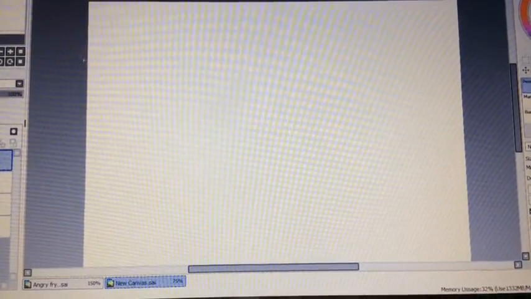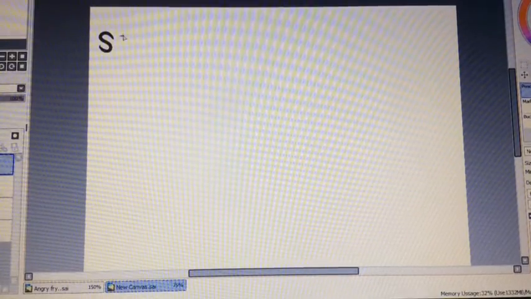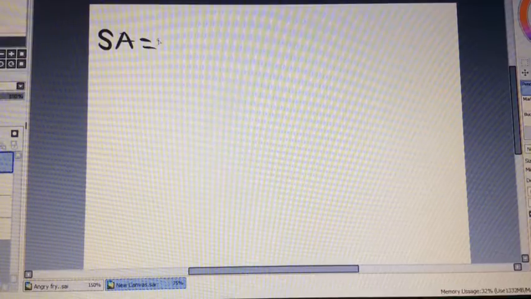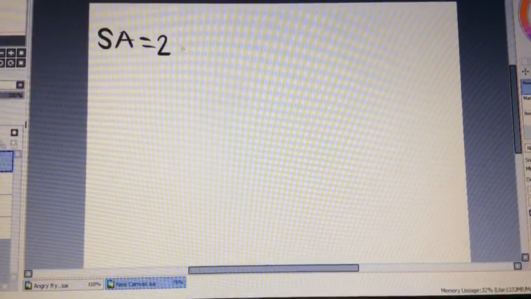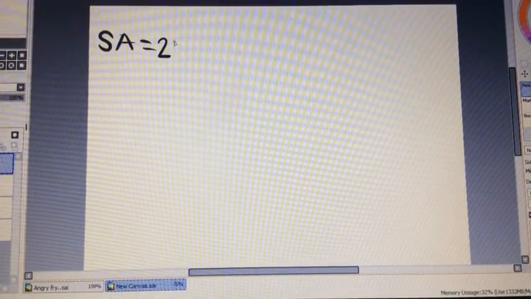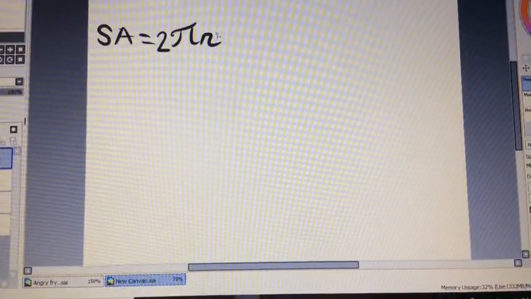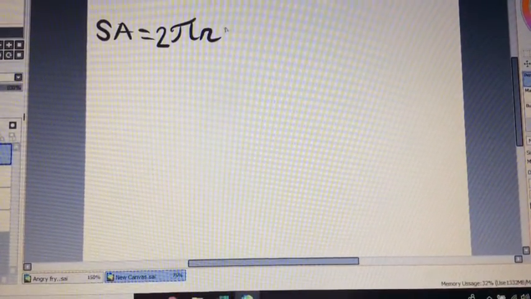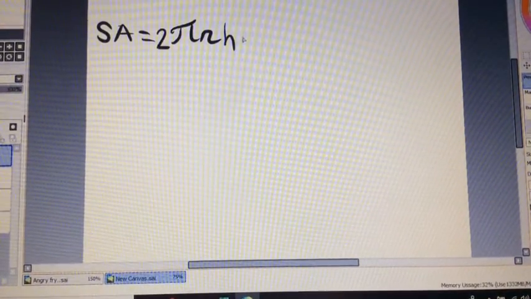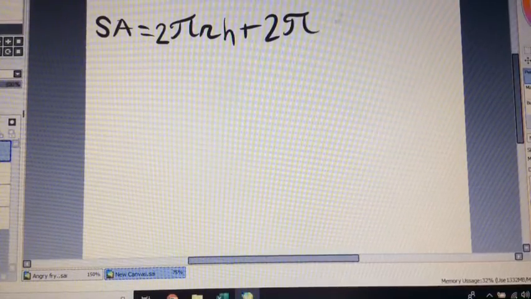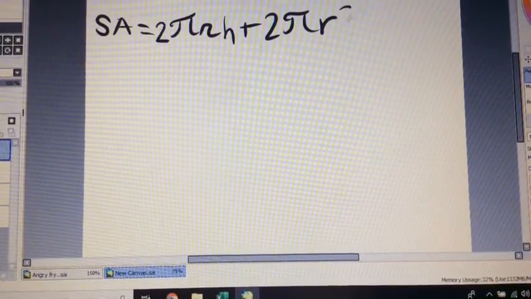So, the formula for surface area for a cylinder is 2 times pi times r times h, plus 2 times pi times r squared.